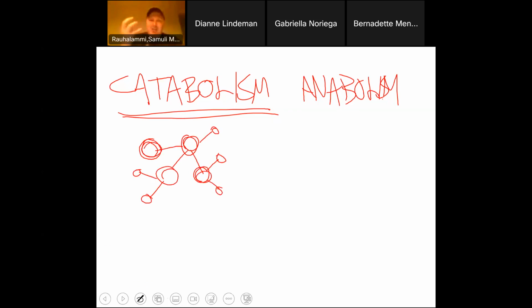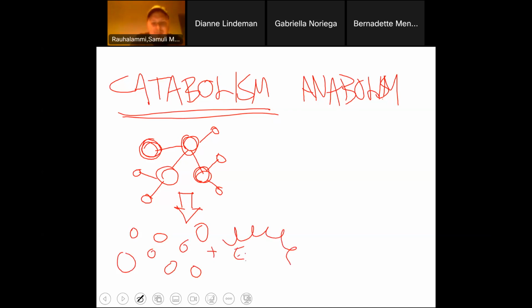So energy gets stored into these bonds that form large molecules. Now if we take this large molecule and break it apart into its components, in that process, we're breaking apart those bonds and we're releasing energy. So what catabolism does is that it releases energy as it breaks larger objects into smaller objects.